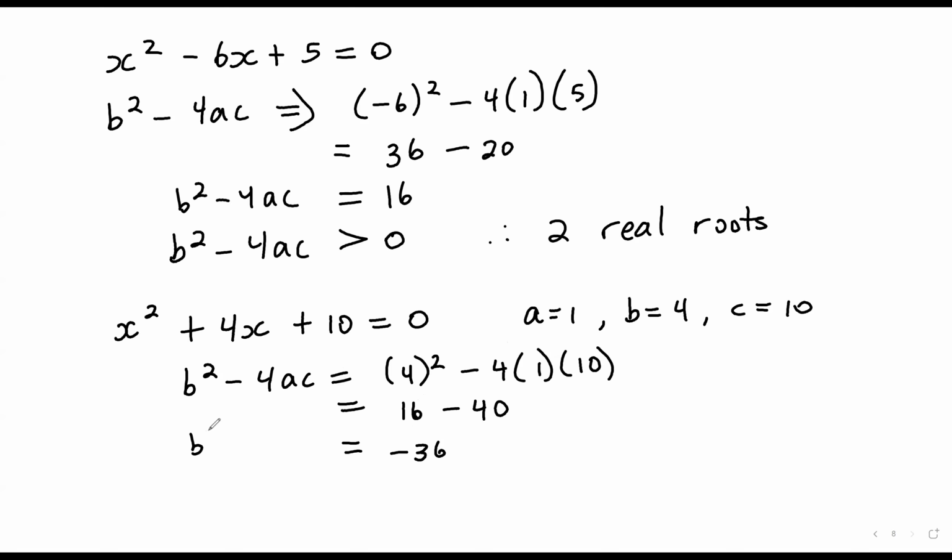So in this case, b squared minus 4ac is equal to negative 36, which is less than 0, and therefore this quadratic will have no real roots. It has 0 solutions. When you solve this quadratic, you're going to end up with no solution.